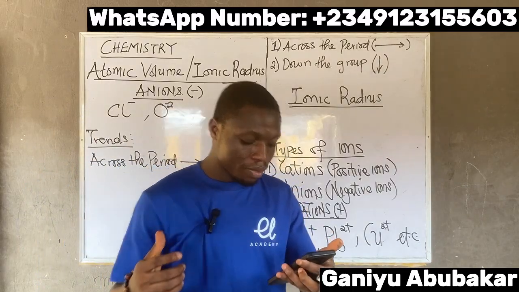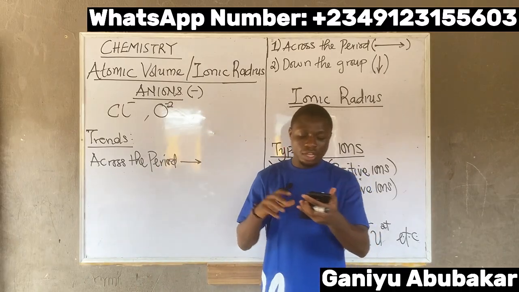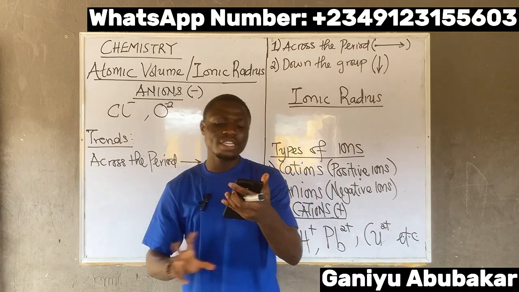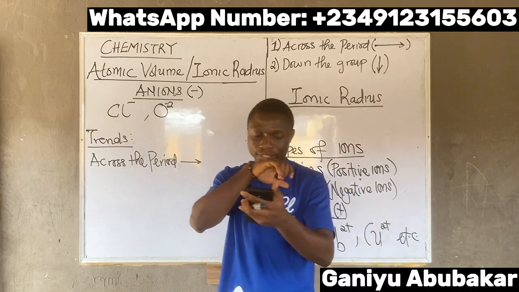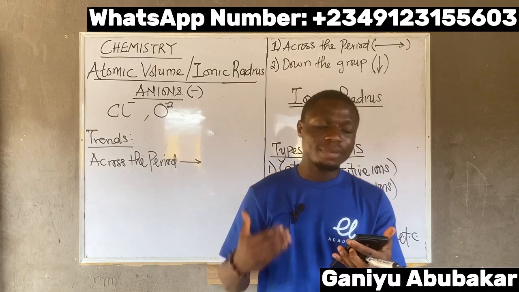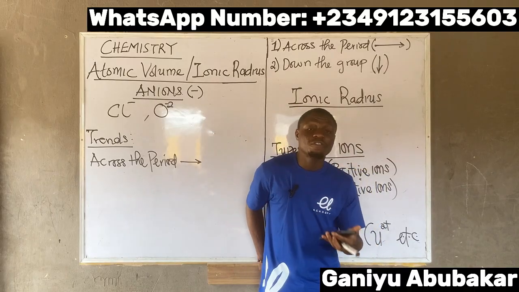Please note: ionic radius generally decreases across the period, in brackets, for ions of similar types.